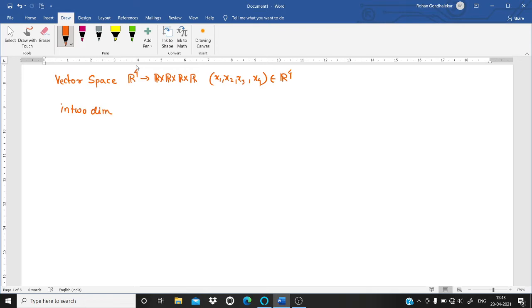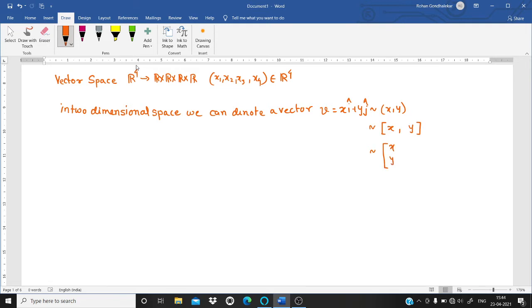In two-dimensional space, we can denote a vector v equal to x i cap plus y j cap as a point form x comma y, or it can be written in the matrix notation, that is a row matrix, a row x comma y, or it can be represented as a column vector or say column matrix.